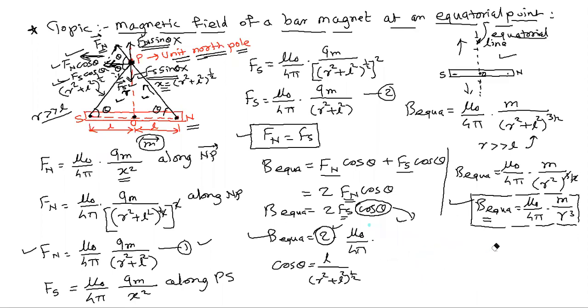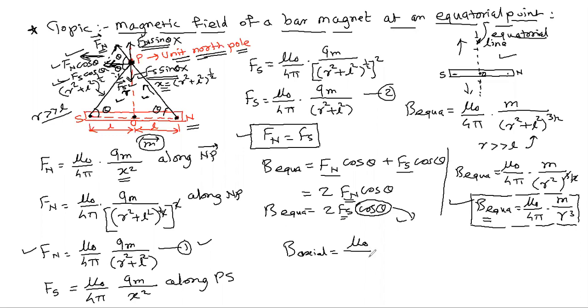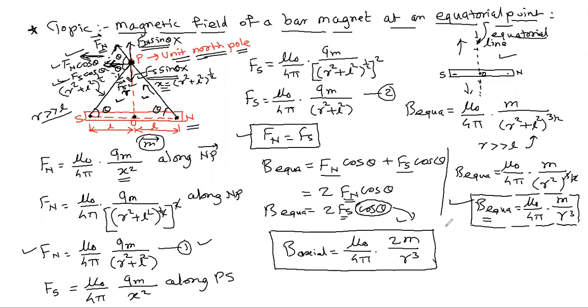We can write the magnetic field of a bar magnet at an axial line, that is B axial, is equal to mu 0 upon 4 pi into twice M upon R cube. So you have this relation and you have this relation.